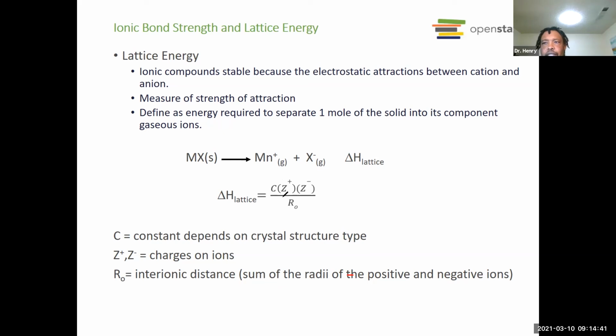So this is your positively charged ion. This is the negative charge on your negative ion, right? And then this here represents the inter-ionic distance. So basically it's the radius of your positive and your negative charge. So it would be the sum of the radii of both of those.